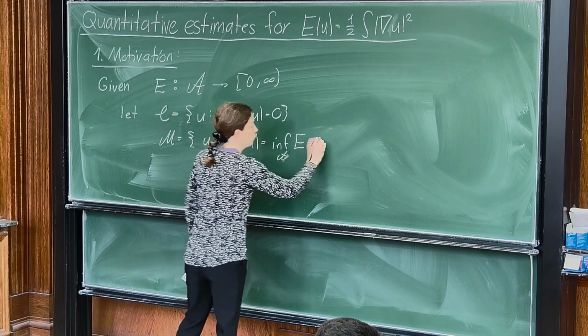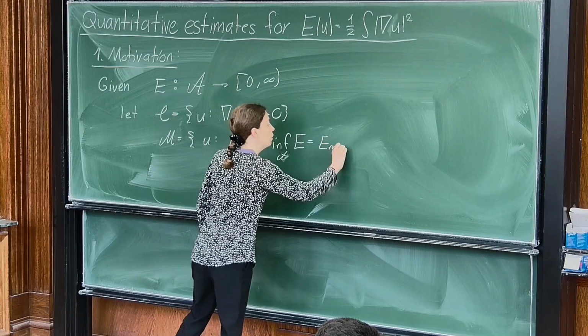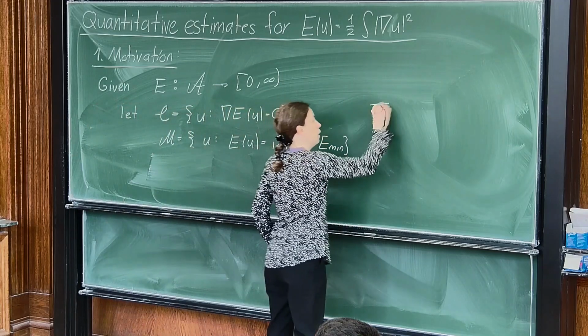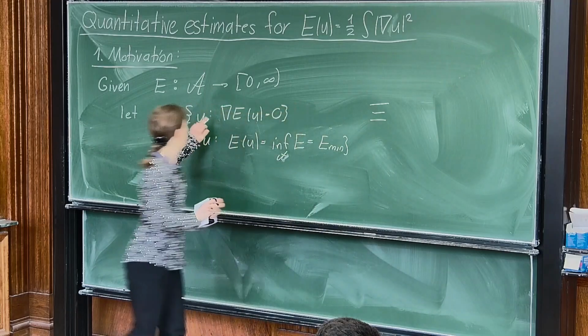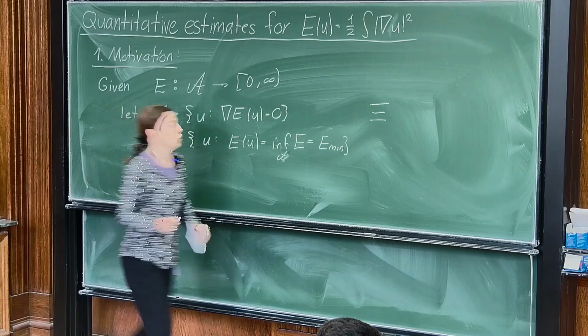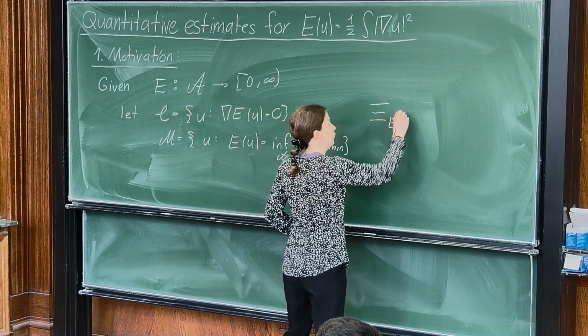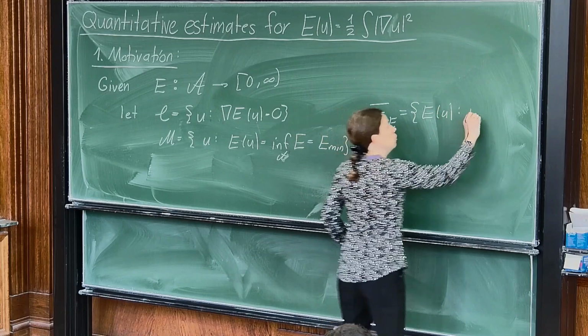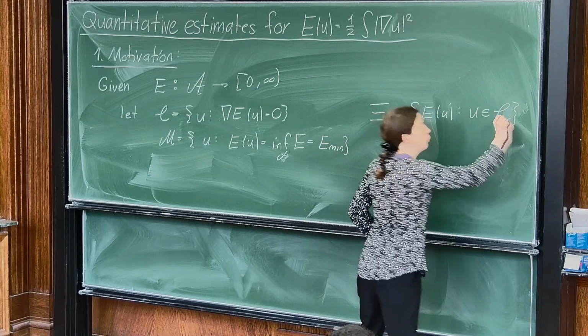I just want to write this for short as E min. And then I'm also interested in the behavior of the critical points with respect to their energy. So I want to write big Psi of E to be the set of energies E of u such that u is a critical point, so the critical values.